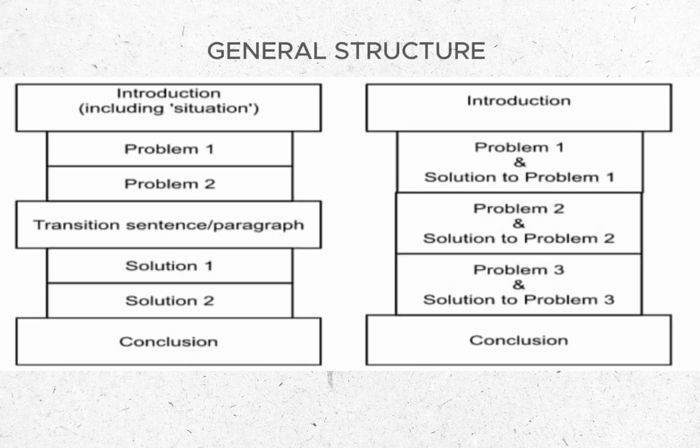Okay, next, general structure. Generally, there are 4 components to a problem solution paragraph: describing the problem, a transition sentence, explaining the solution, and evaluating the outcome. Then, let's do a little transition with additional detail or information.